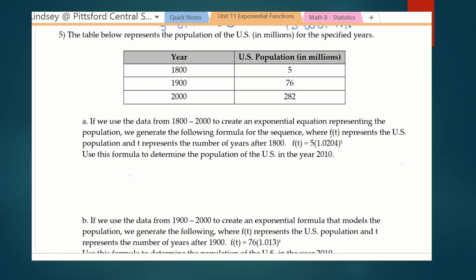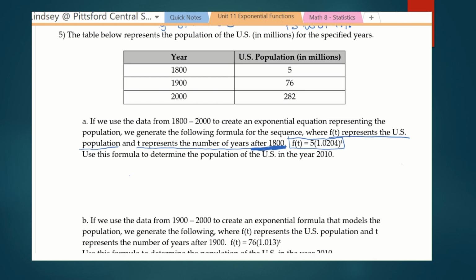F of t is the U.S. population, and t is the number of years after 1800. So this is something to keep in mind. Okay, so this is function notation. Here is the formula to represent how our population is increasing over time.